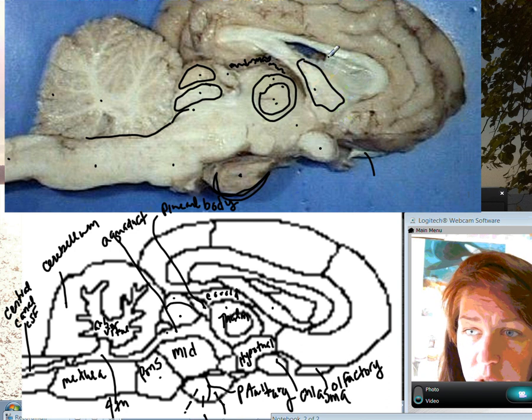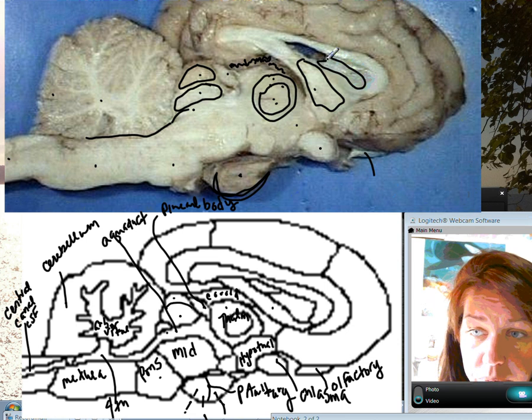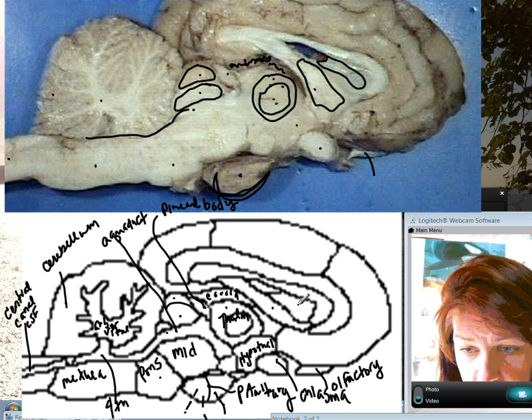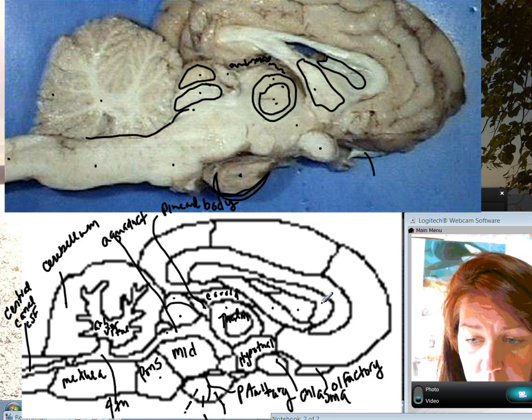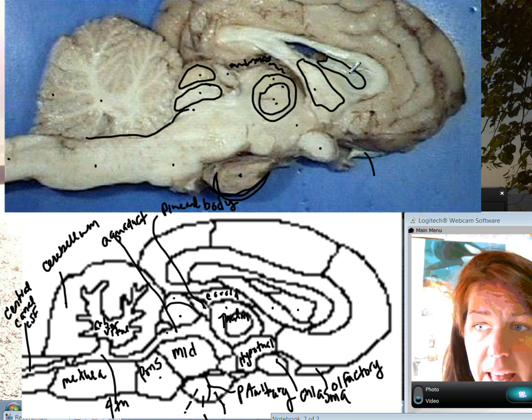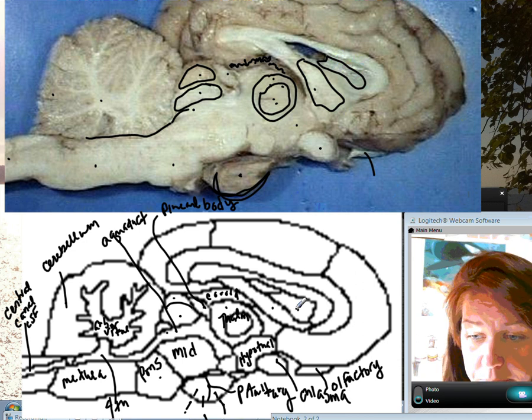Now, not all of you have this region, but usually on both sides, because this is a septum. So this right here is a septum that runs in between this ventricle for the corpus callosum, and depending on where you sliced it, it's going to be on either one side or the other. So it's a thin membrane, a septum.